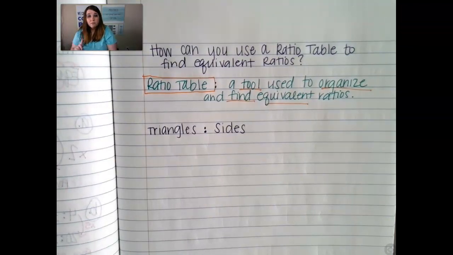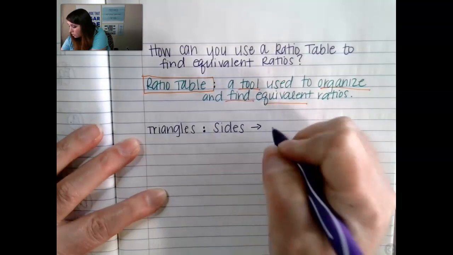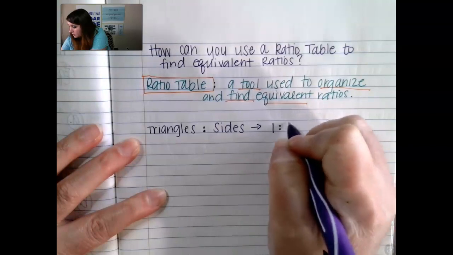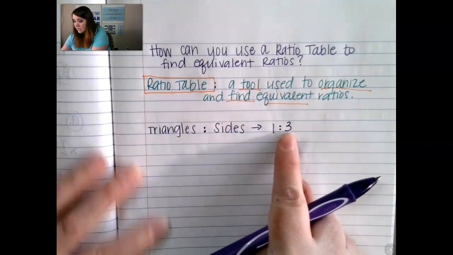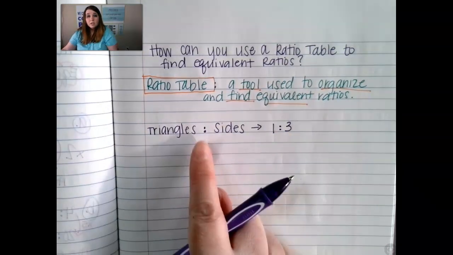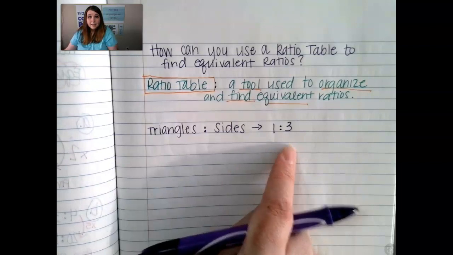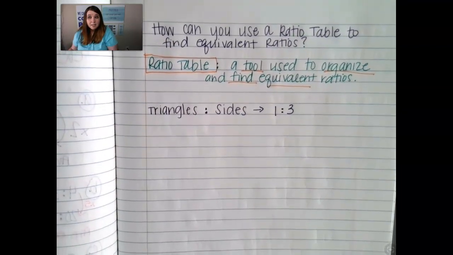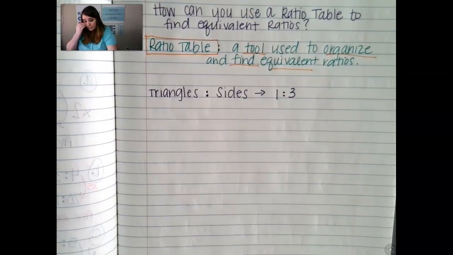And the very first ratio that I have shows that I have 1 to 3. So triangles is 1, sides is 3. We can use this information to organize in a data table and to find other triangles and their sides using this ratio. So let's make a ratio table.